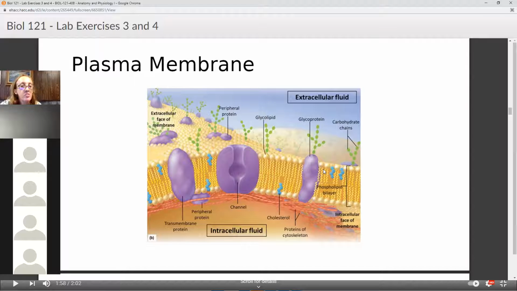We also have phospholipids. If you think lipid, meaning oil, and phosphate, remember that word from the other day, this is a charged ion that's attached to a lipid.